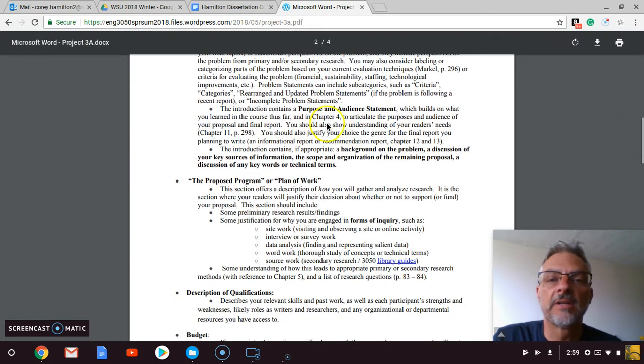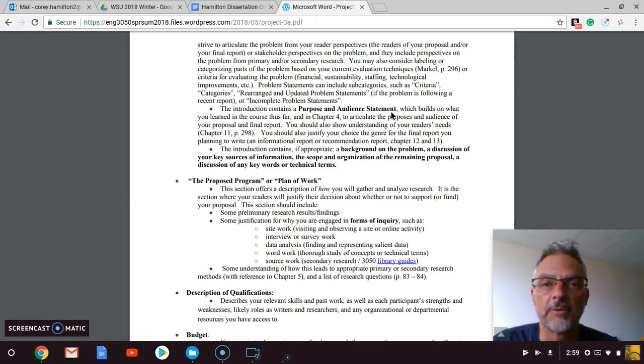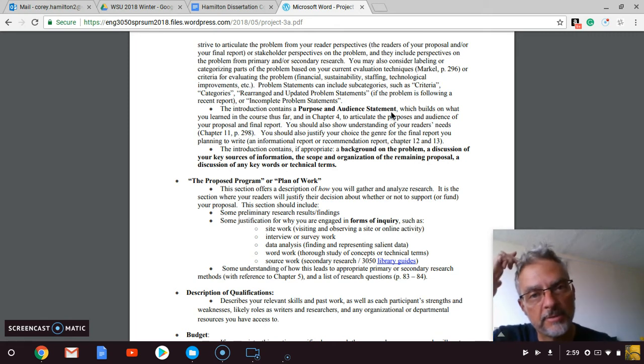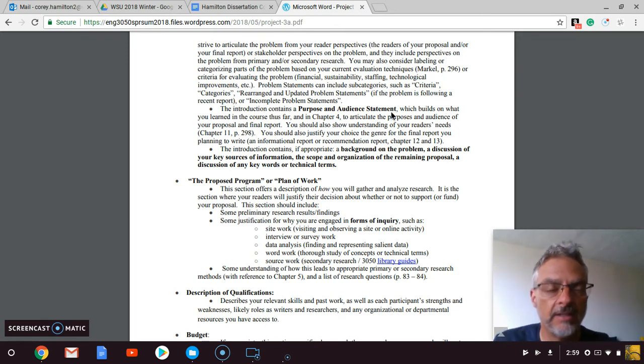So the introduction not only contains an articulation of the problem, but a purpose and an audience statement. Who are you targeting, right? And what is your purpose? You're going to make a recommendation. What is the purpose of your recommendation? You hope to improve X, Y, and Z. And I need to know specifically who your audience is.